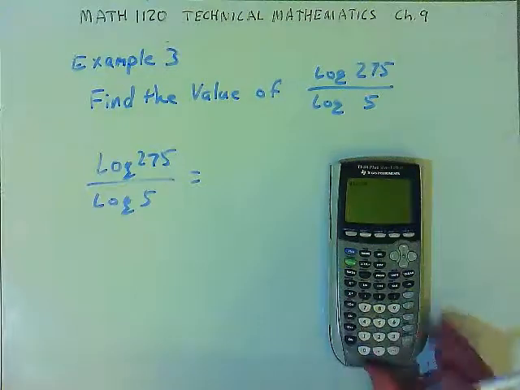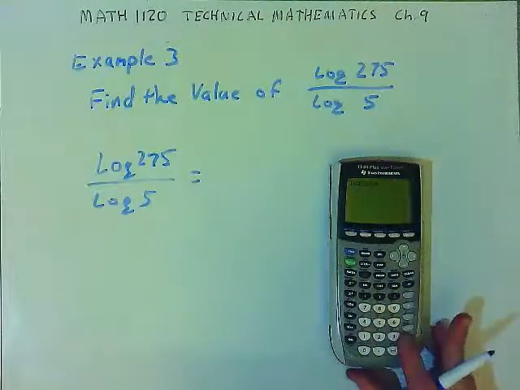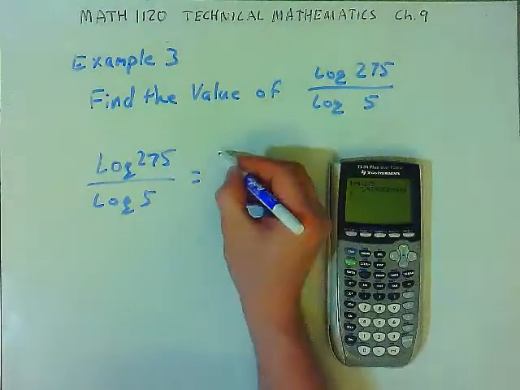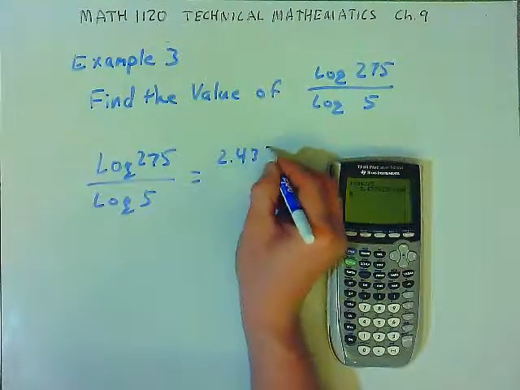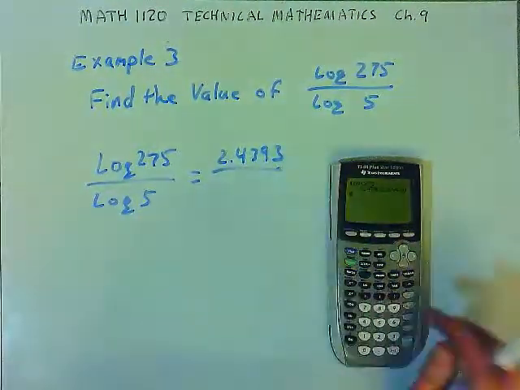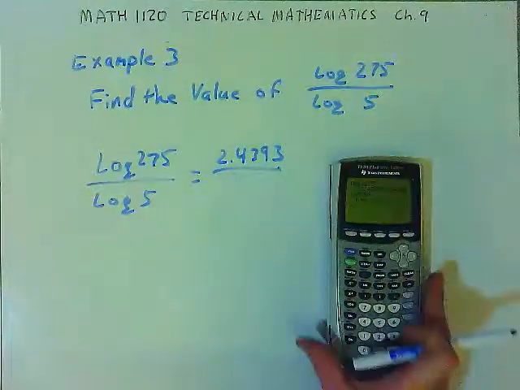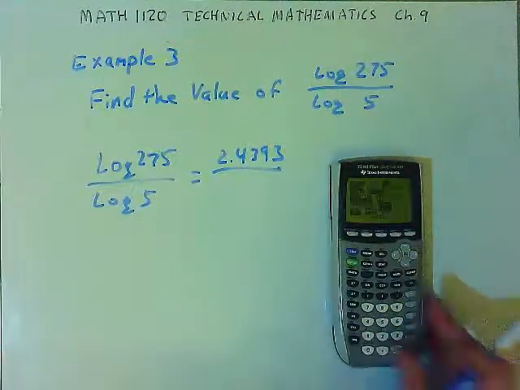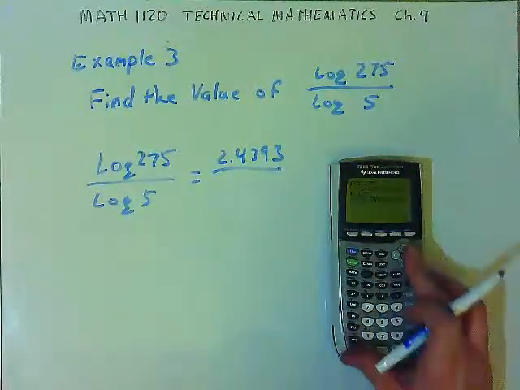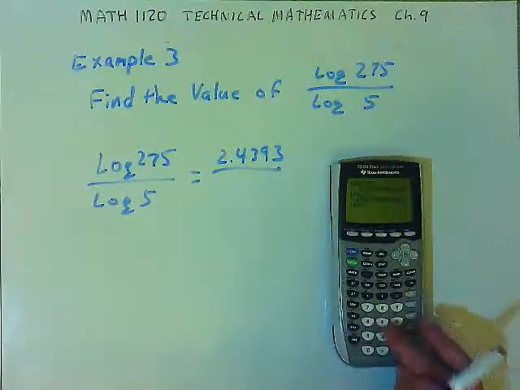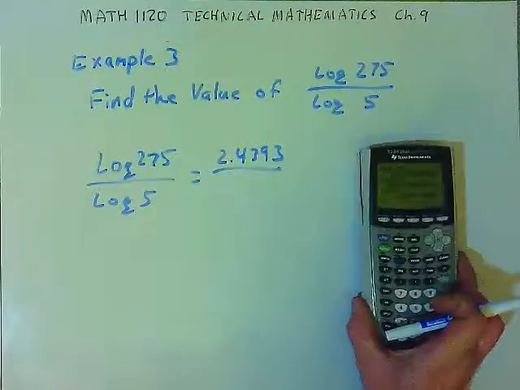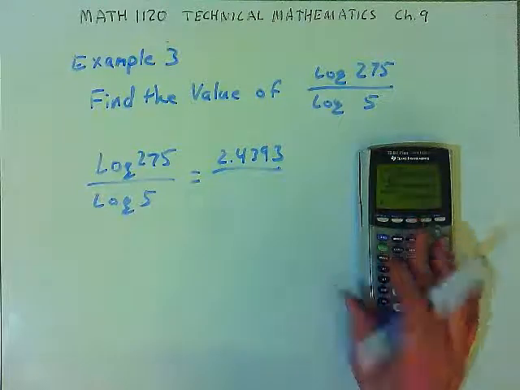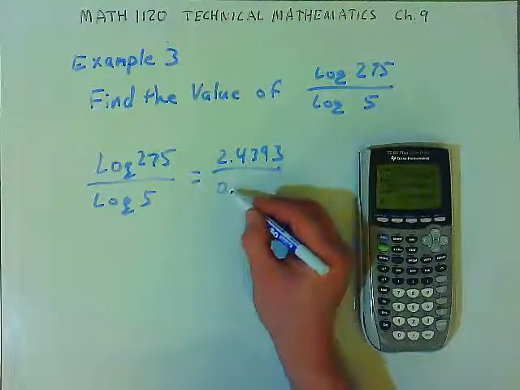The log of 275 is 2.4393, and the log of 5 is, my calculator is in engineering mode. Try that again. How about log 5? It is 0.6990 because I'm rounding.